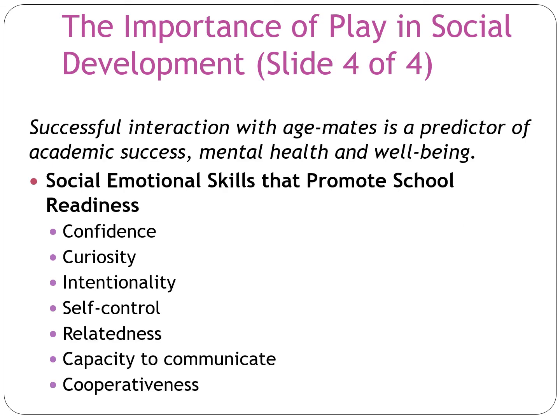Successful interaction with age mates is a crucial predictor of not only academic success, but also mental health and well-being. Social emotional skills that support school readiness enable children to learn. They include confidence, curiosity, intentionality, self-control, relatedness, capacity to communicate, and cooperativeness.